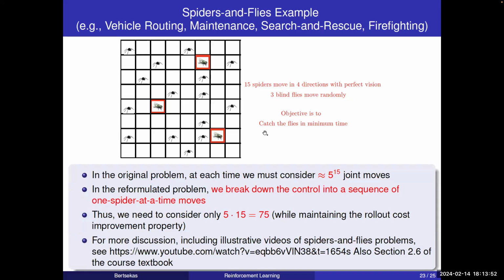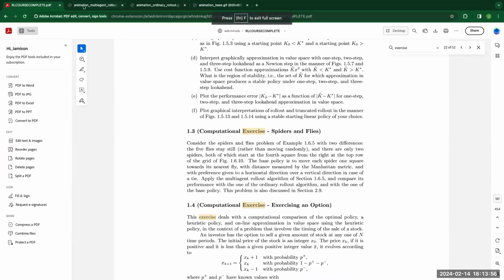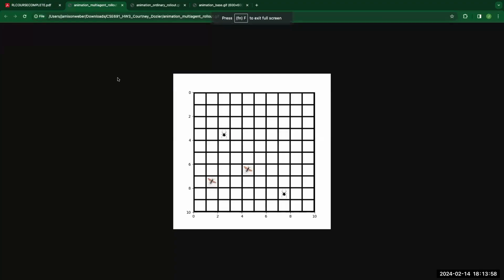You can do that. And I have some video examples. So these are the spiders acting according to multi-agent rollout, which is one of the requirements for the problem. And we're also asking you to do ordinary rollout, as well as the base policy.